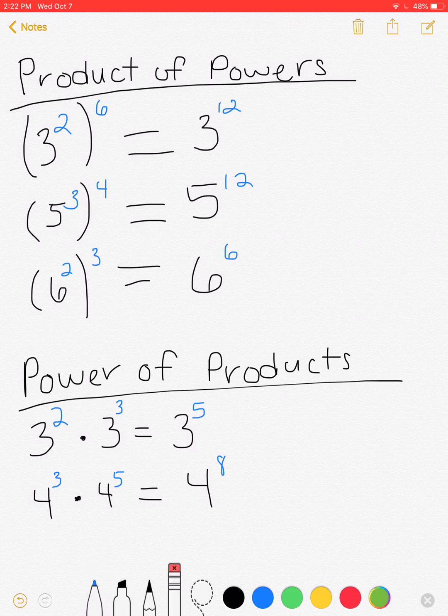So 4 to the third times 4 to the fifth is going to equal the same as 4 to the eighth. 4 to the eighth is 65,536. And if you were to take 4 to the third times 4 to the fifth, you will get the same thing in your calculator. So that's how you cross-check those.